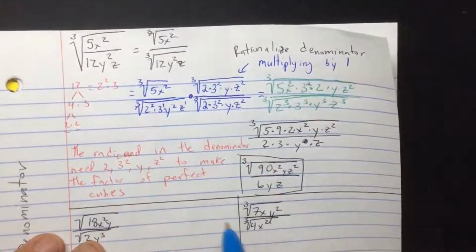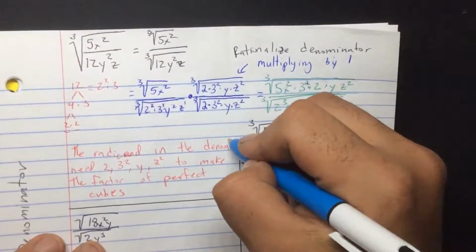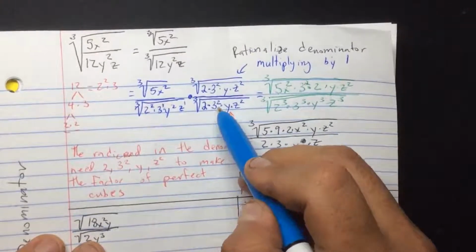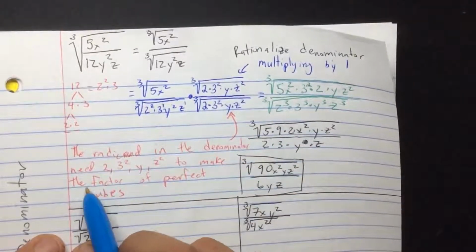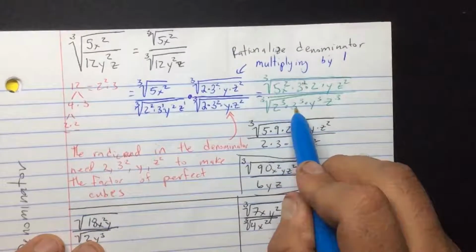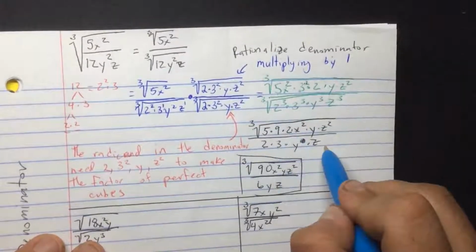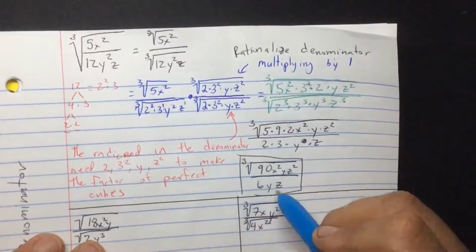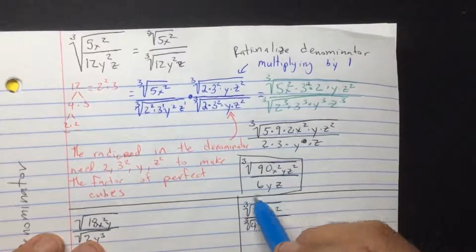So we needed to multiply this here. That's what we did here, in order to make the factors of perfect cubes, so we can take it out and rationalize the denominator. So even though the numerator still has a cube root, it doesn't matter because we don't have one in the denominator anymore. Okay?